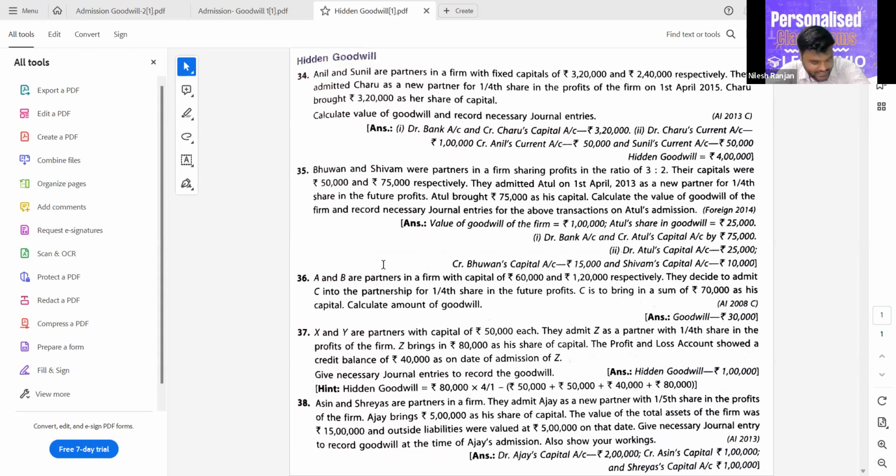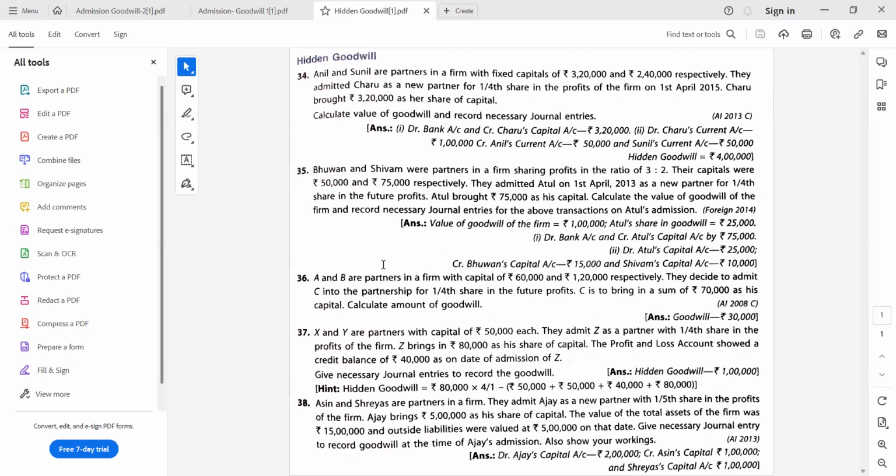Do you think it is correct? How did you get 1 lakh? The total capital which should be there is 3,20,000, that is 80,000 into 4. And the capital which is actually there is 2,20,000. So when we deduct it, 1 lakh. How did you get 2,20,000?